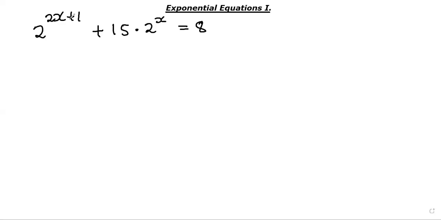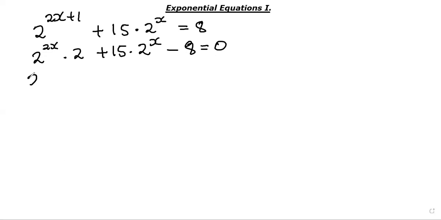So we say before it became this, it was once 2 to the 2x times 2 to the power 1. And then you say, this is 15 times 2 to the x. So let's take 8 to the left so that it becomes negative. Then I want us to write it in a way that you can see clearly. So we'll take the 2 and put it here.